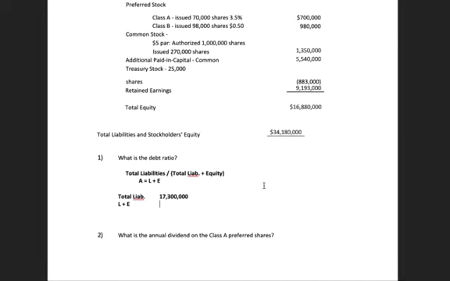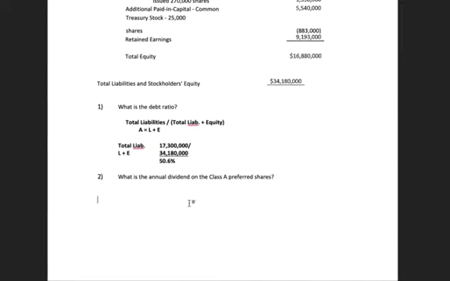That equals $34,180,000. Great. Okay, so those you're actually going to divide together, and you're going to get a final percentage from that of 50.6%. So not bad at all.